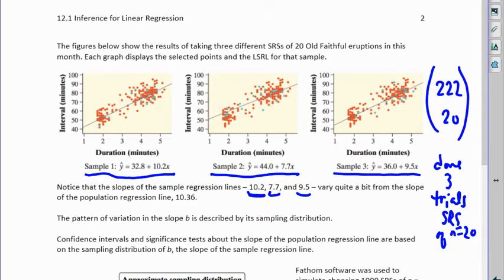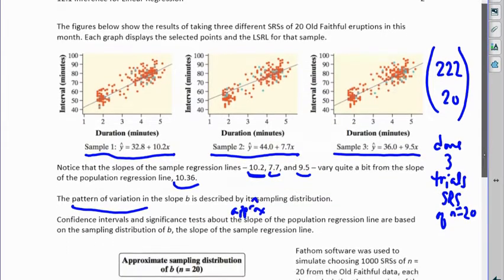These vary a bit from that population regression line of 10.36, which we know is the real value for the population of 22 eruptions in that 1 month. But this pattern of variation can be described by this approximate sampling distribution that we're getting for the slope.